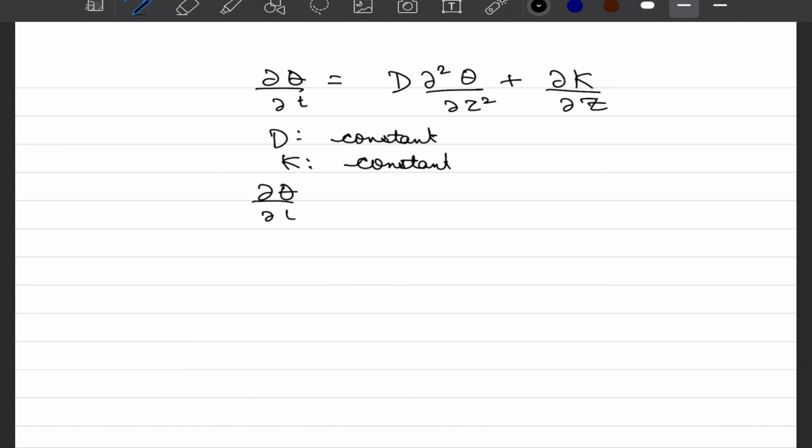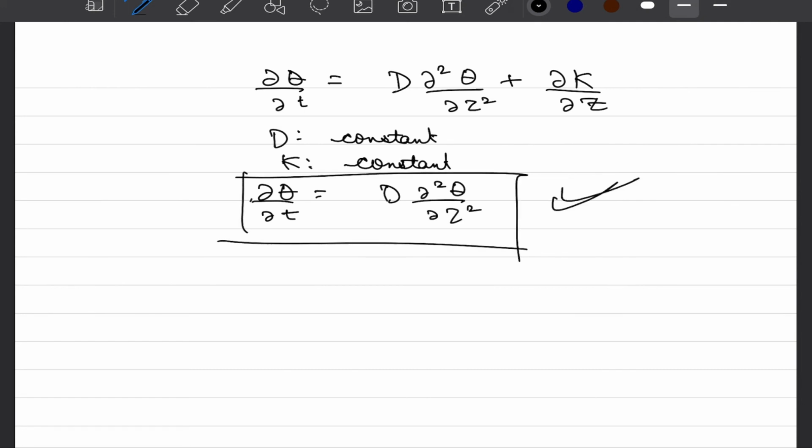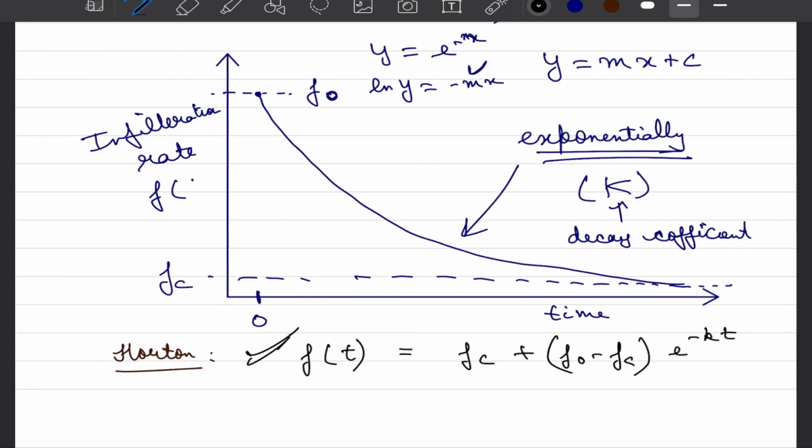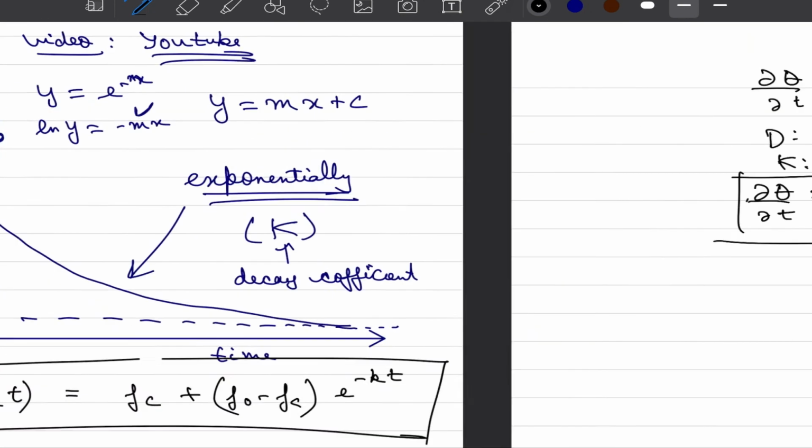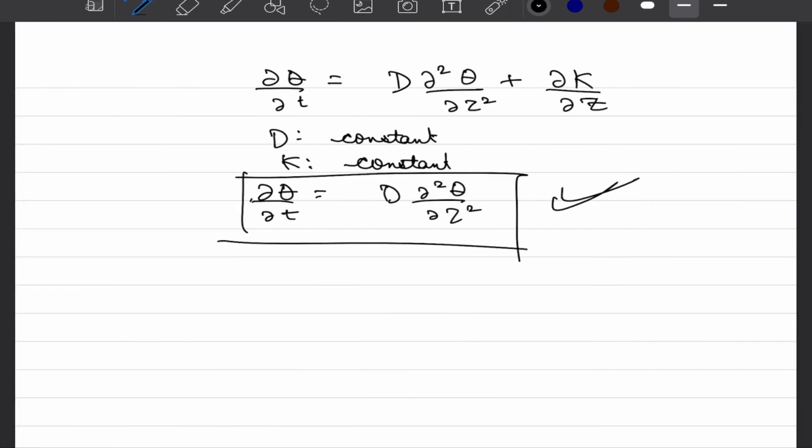So the simplified equation looks like D into del square theta upon del z square, and if this equation is solved by some substitutions, we end up with the same Horton's equation. We will not go into the details, but the reason I wanted to mention it is that Horton's equation is a combination of Darcy's law as well as the conditions we observe in the field.